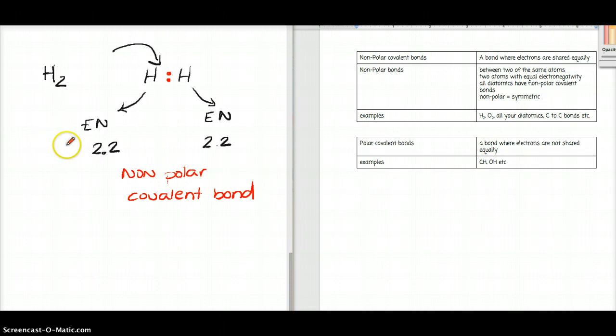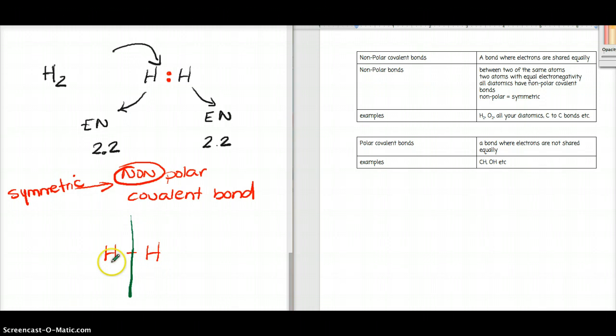And the way that you can remember that it's non-polar is that the word non is symmetric. And that bond right there between those two hydrogens is symmetric. If you don't know what symmetric means, if I were to take a line, and I'll make it this funny green color, and divide the bond into two, I'm going to take a vertical line right now and divide it.